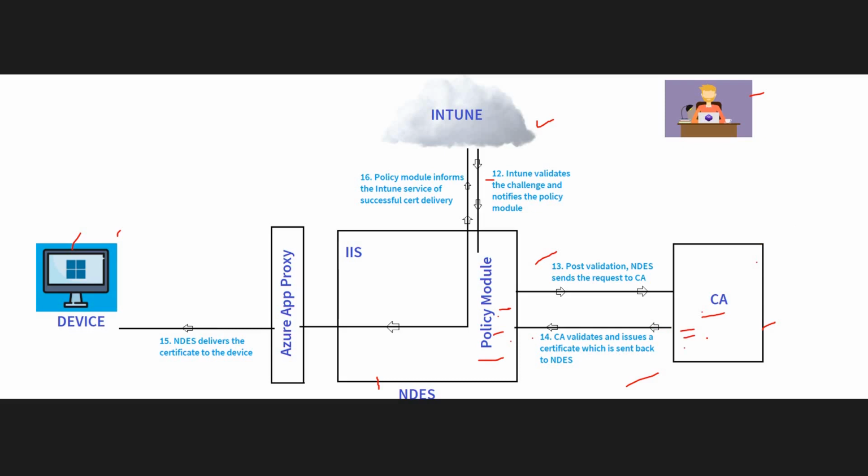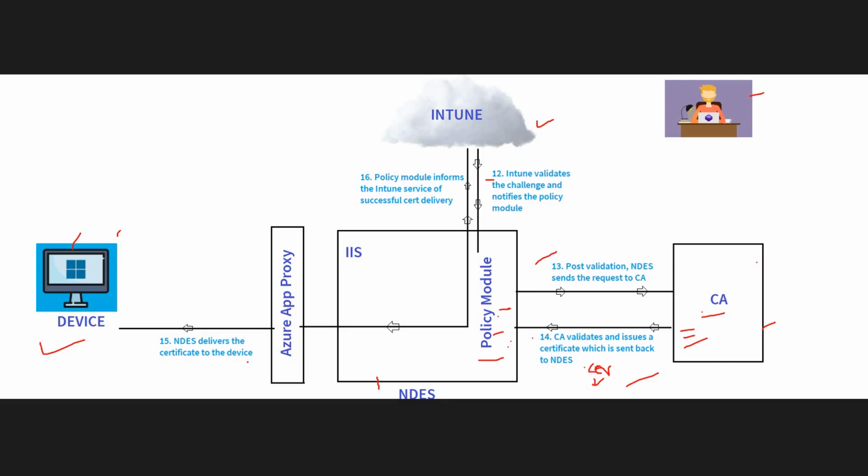We saw everything that the CA validated, and then it created the .cer, it created the certificate, and it sent the certificate back to the NDES server. The policy module received it. This CER is encrypted using the device's public key so that only this device's private key can decrypt it.